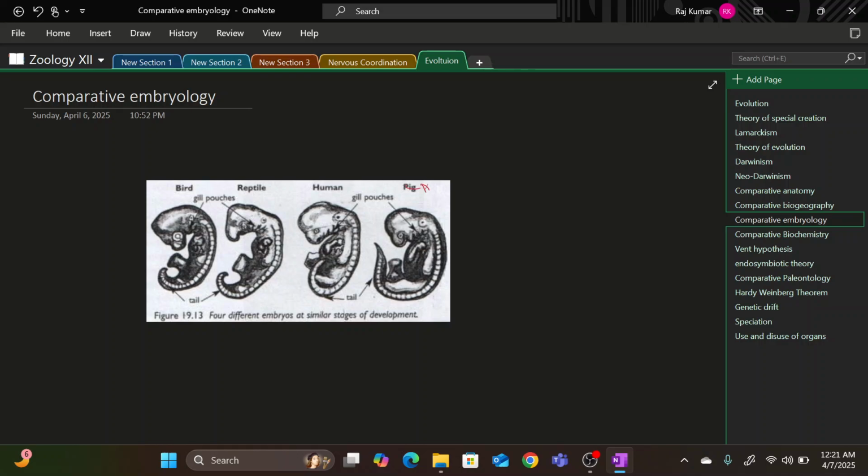All vertebrates, including amphibians, humans, reptiles, and birds, have gill pouches which are present at the side of the throat.